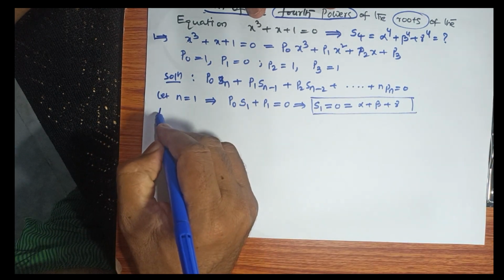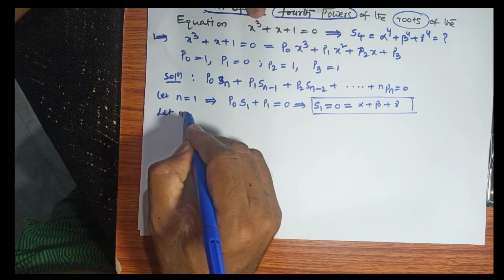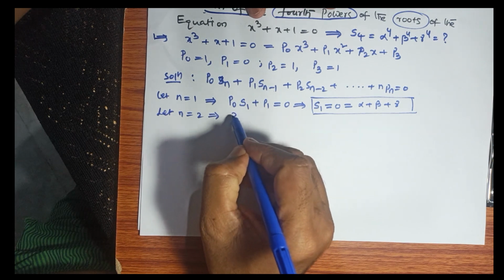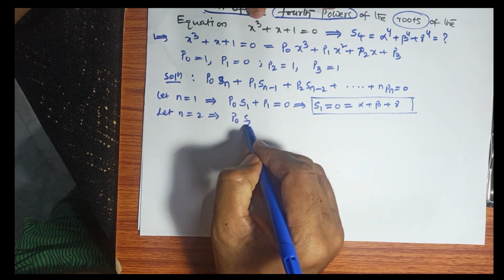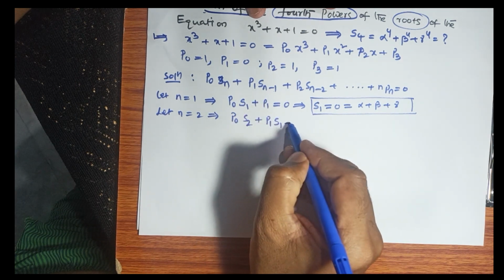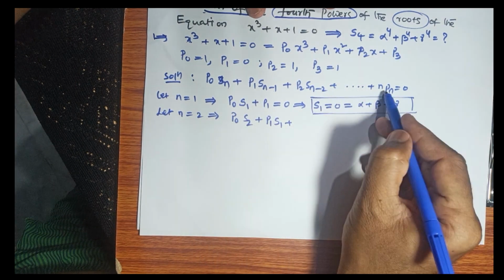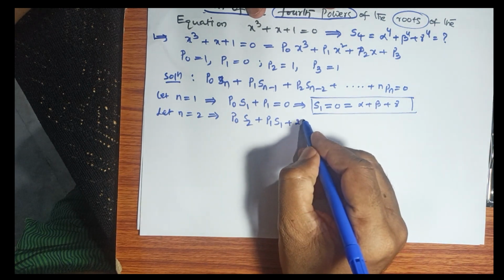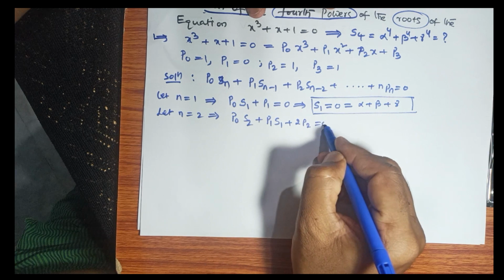Okay, like this you can take n is equal to 2. If n is equal to 2, then it is P0 S2 plus P1 S1 plus 2P2, and 2 minus 2 is 0. At the end, we get Npn, meaning 2P2 is equal to 0.